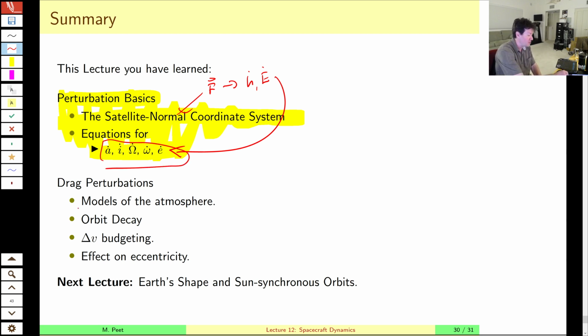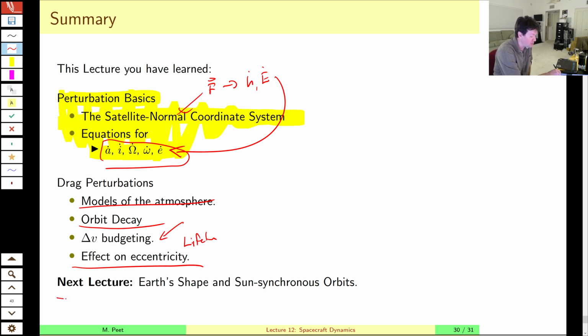We covered models of the atmosphere, showed how that led to orbit decay, and talked about the effect of that orbit decay on delta V budget and on lifetime. And finally, we talked about the effect on eccentricity and how eccentric orbits have a store of energy which is gradually sapped off until the orbit decays to nothing.